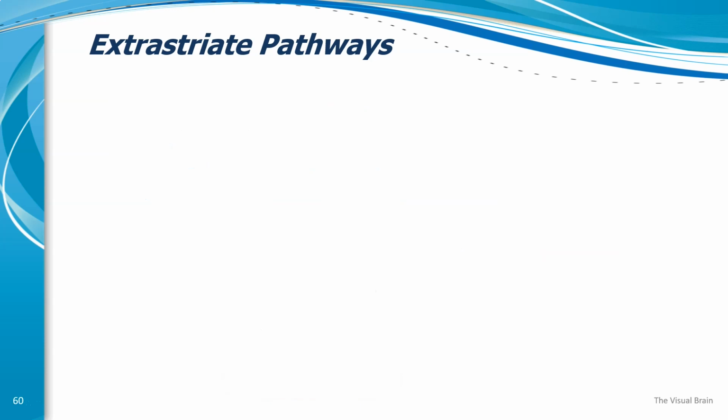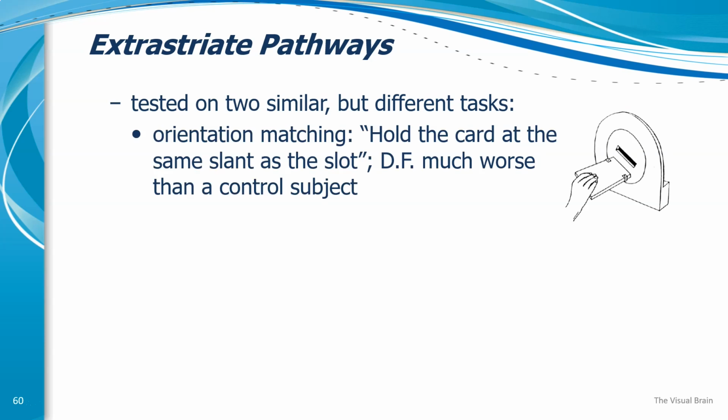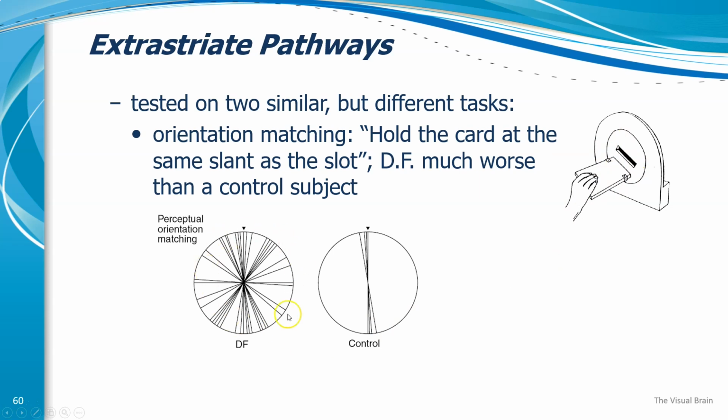Now, Milner and Goodale came up with some lab-based tests. She performed two similar, but importantly different tasks. One task is called orientation matching, in which you're given this card, and you're asked to hold the card at the same slant as the slot. Okay, so not putting it in the slot, just holding it up at the same slant. On the left, we have D. On the right, we have a control. The control is basically perfect.